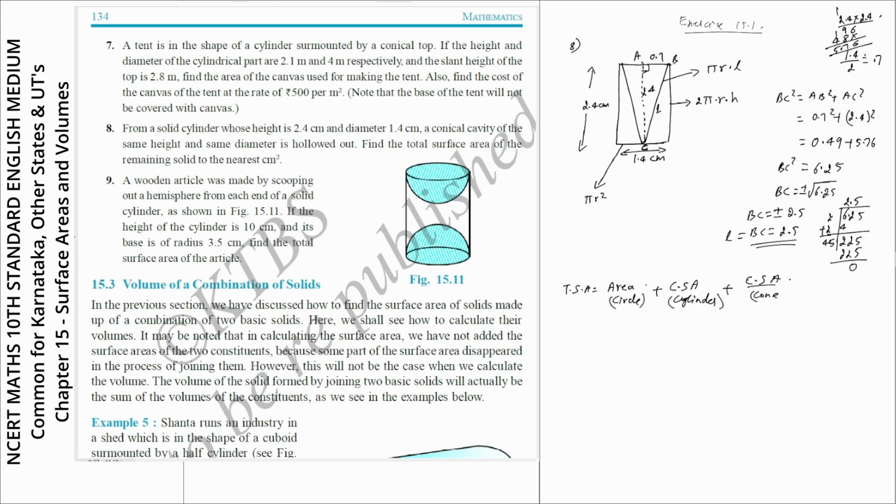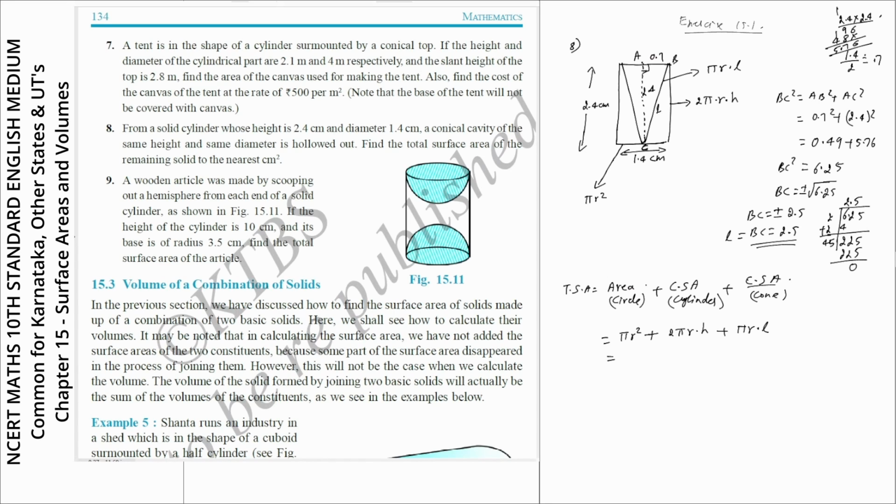Okay, I should add all this. Now area of the circle is given by pi r square plus area of cylinder is given by 2 pi r into h plus area of cone is given by pi r into L.